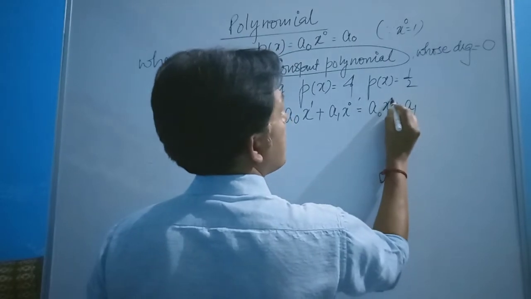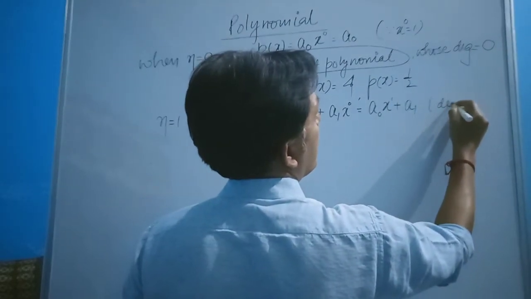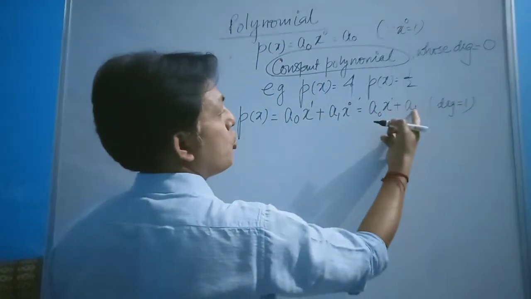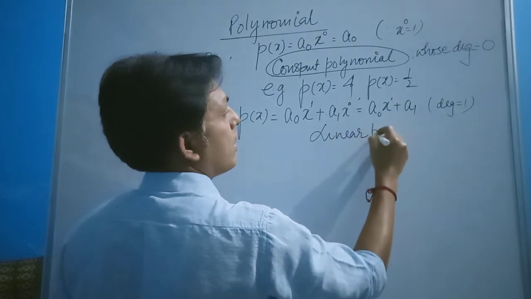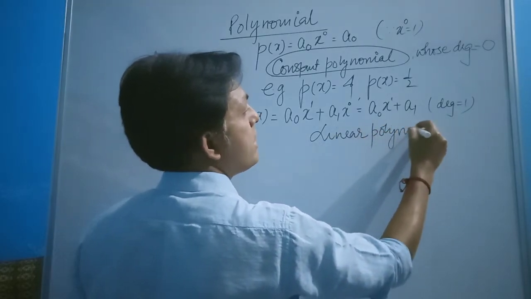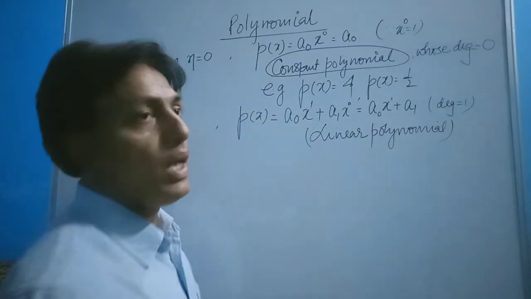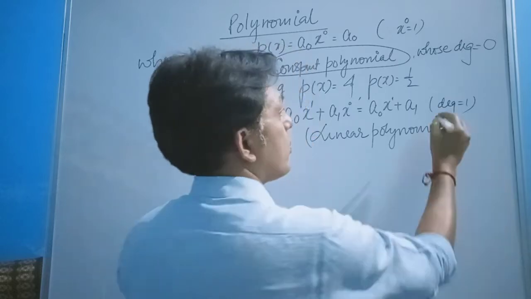What is the degree? 1. Here degree is 1, and this kind of polynomial is called linear polynomial. So what is linear polynomial? Linear polynomial is one whose degree is 1.